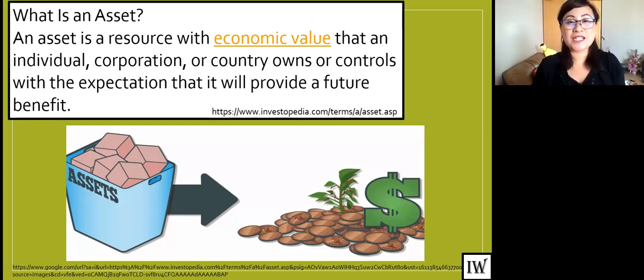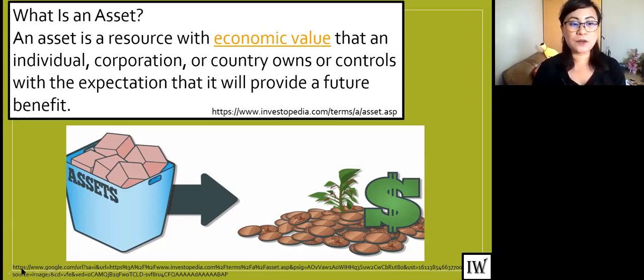An asset is something that gives money or value to us. It is not something that takes money out of our pocket, but something that fills our pocket. It is something that provides us money. So that is an asset.